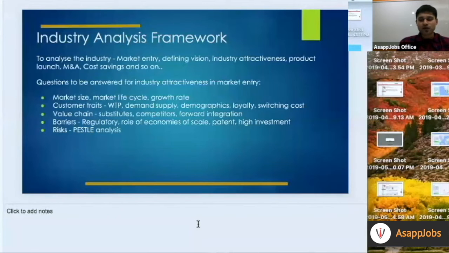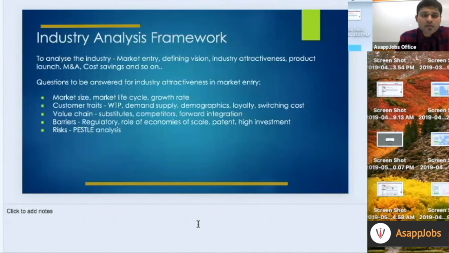Then you need to understand your customers: whether they are willing to pay, what the income segment is, and whether they have any loyalty, switching cost, etc. You need to understand the value chain: who are the substitutes, the competitors, who are the suppliers, how they work, what sort of bargaining power they have, whether they are more dominating.